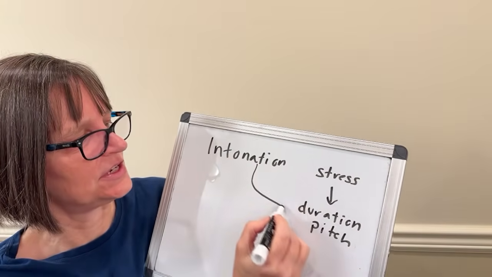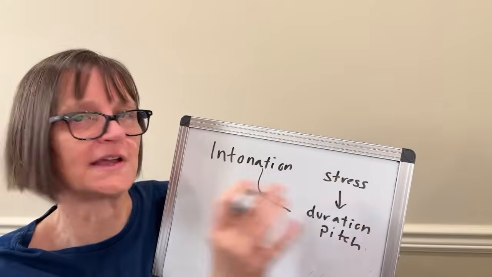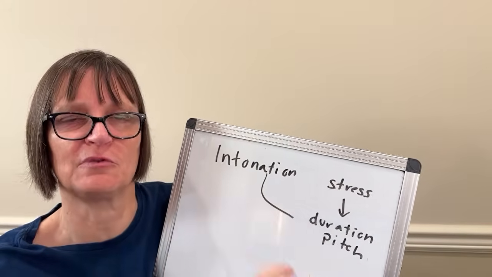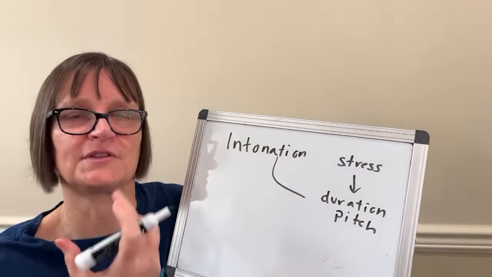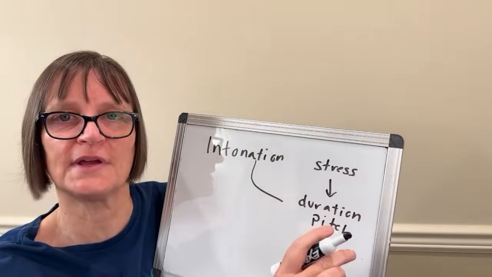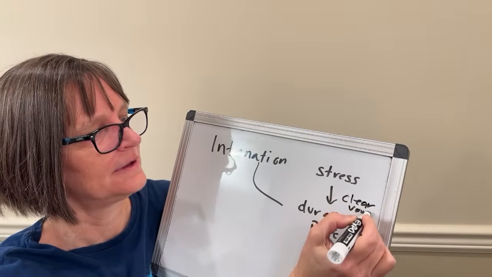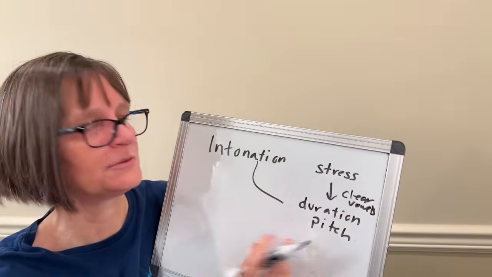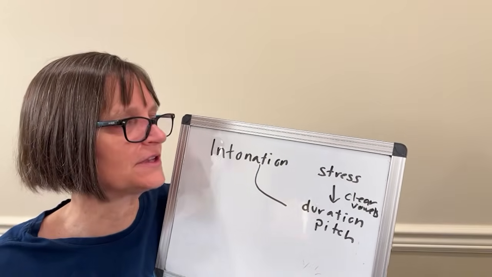So intonation is about rhythm and pitch, and stress is just one of the tools we use within intonation. So I have stressed syllables and stressed words. Those tend to be longer in duration and to have clear vowels. Then intonation also includes pitch patterns, so rising and falling intonation patterns.